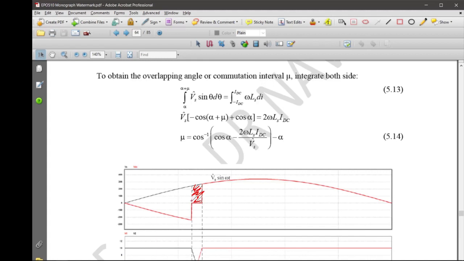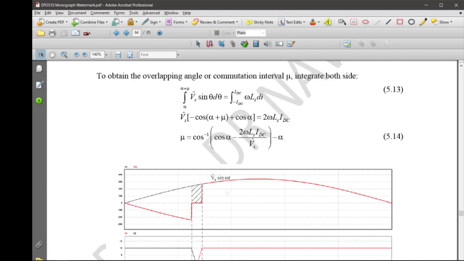We know that the average output voltage for the situation without the source inductance has this sort of waveform, straight, so you just subtract the voltage drop here.